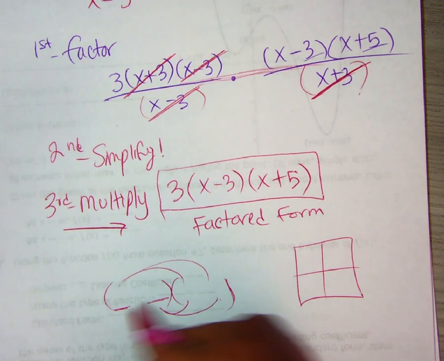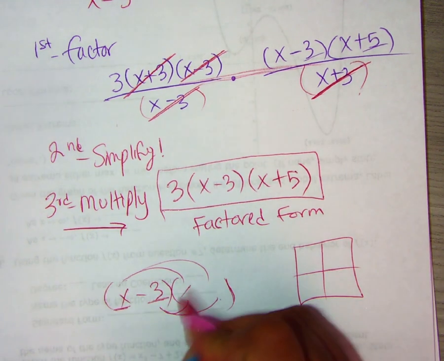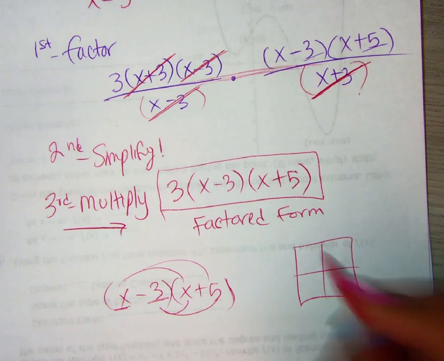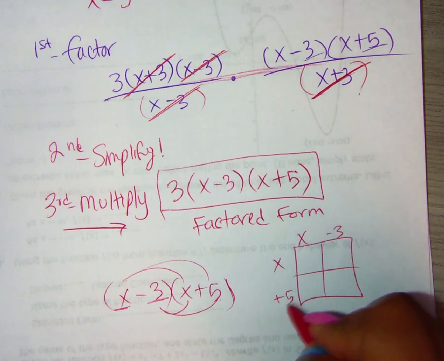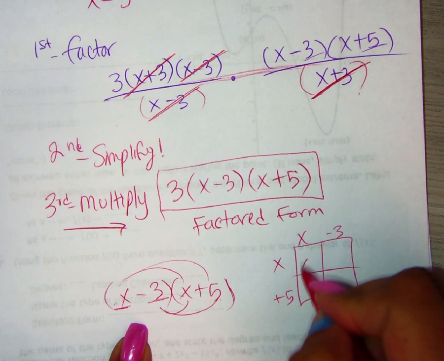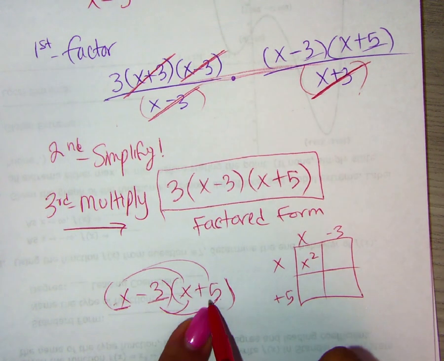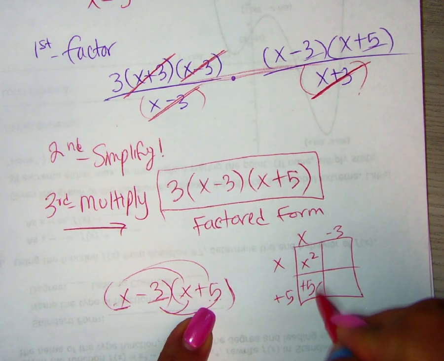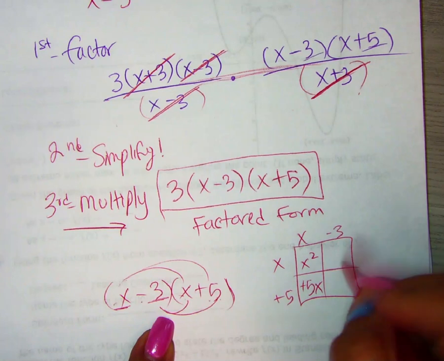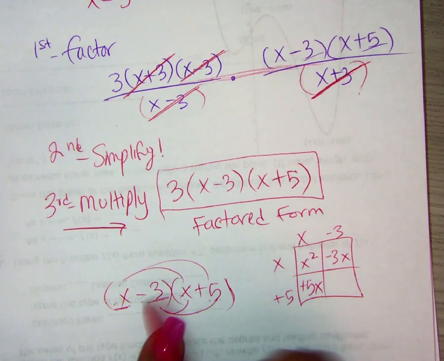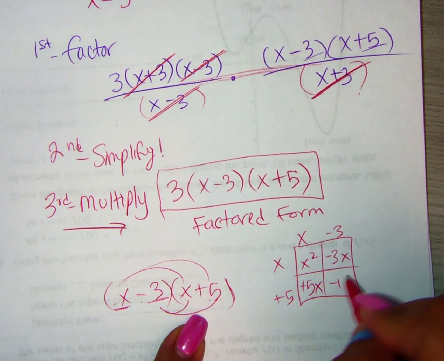So we do x minus 3 times x plus 5. With the loops or the box, you get the same answer. x times x is x squared, x times 5 is positive 5x, negative 3 times x is negative 3x, and negative 3 times 5 is negative 15.